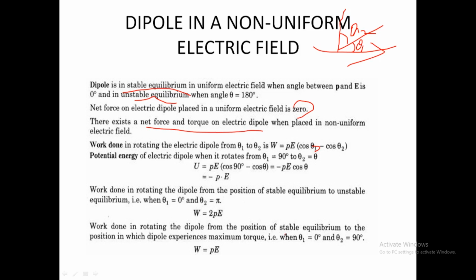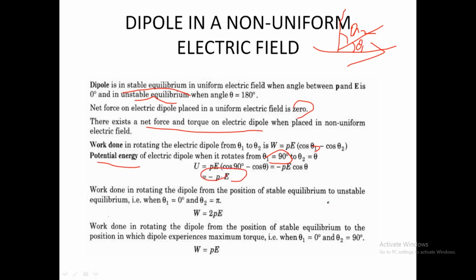Here I have solved it from 90 degrees, that is, when it is perpendicular, to a stable equilibrium. Whatever work I do will be stored by the dipole as potential energy.